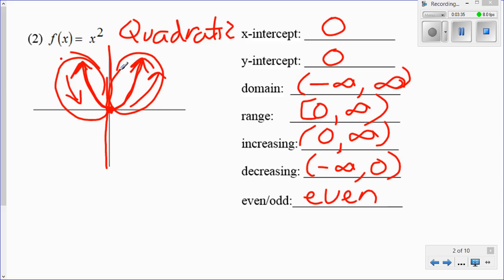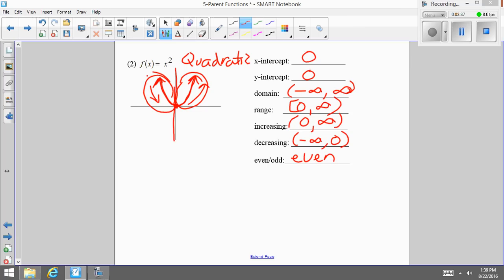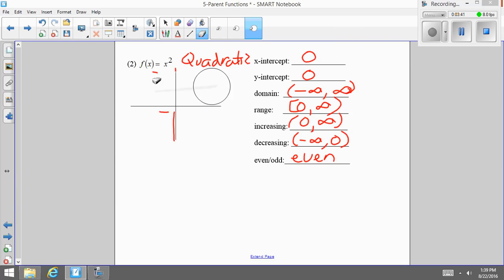Okay? Now, on your worksheet, I'm drawing a bit more than what you need to draw. On your worksheet, I just want you to have that basic shape of the graph. Okay? So again, here's our parabola.